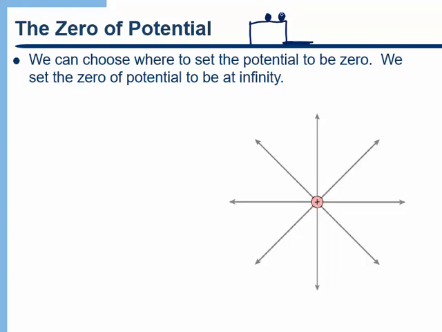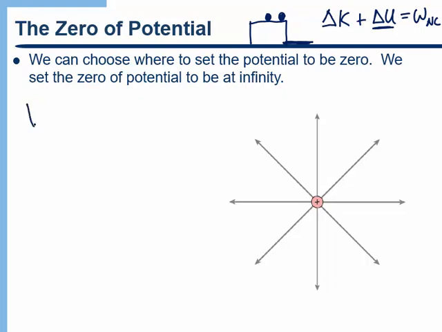So you can always set where the 0 is, because fundamentally in the work energy theorem, it's always delta U. Where the origin is doesn't matter, because once you subtract two different potentials, the origin cancels out. The same thing is true here, because electric potential difference is related to potential energy. So we arbitrarily say, let's set the zero of potential to be at infinity.